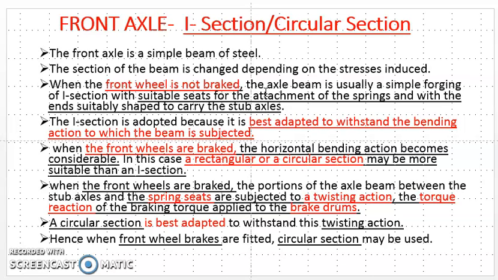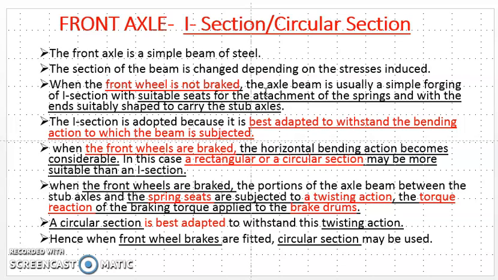When we are applying braking torque to the brake drums, the twisting or torque reaction is subjected between the stub axle and the spring seat, and that's why the whole axle should be able to withstand that type of forces. That's why it is better to go for circular section or rectangular section.